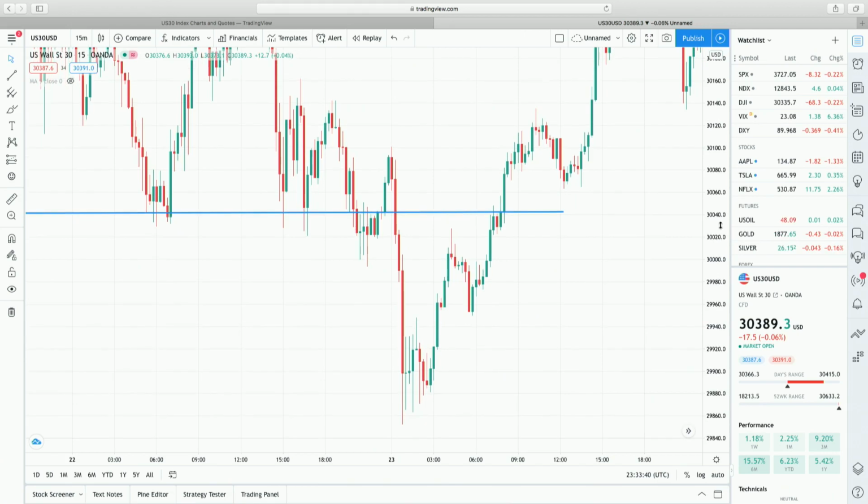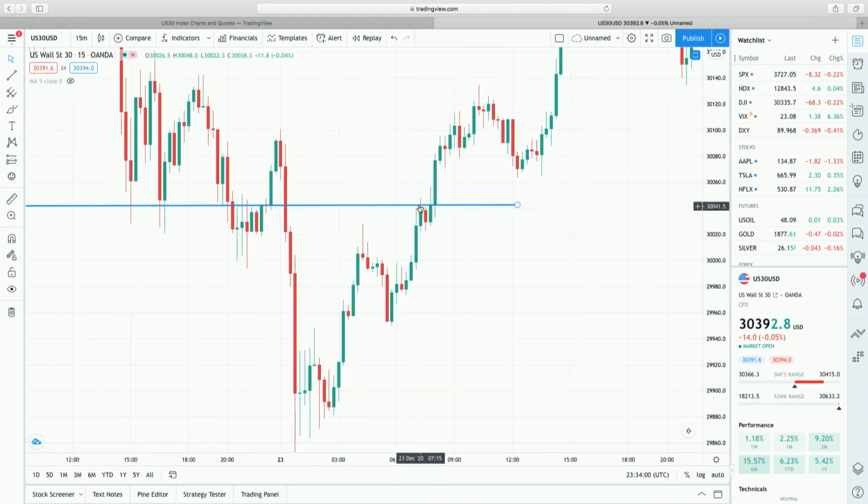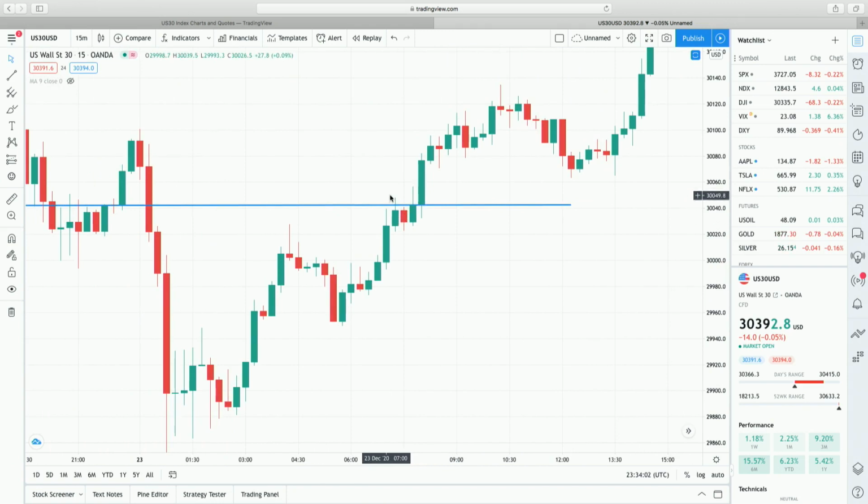Now when support is broken, it becomes resistance on the way back up. When price is above the line, that line is called support, but when price is below the line, it becomes resistance. As you can see here, it tried to break through on this candle and couldn't. It tried again, and this one couldn't. Then finally, this one was the candle that decided to break through. You got confirmation here that it closed above, and then the next candle also closed above.